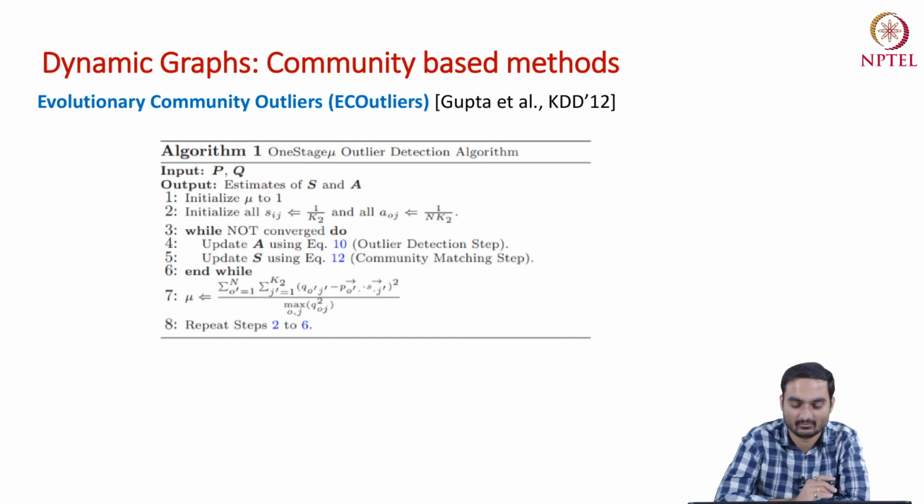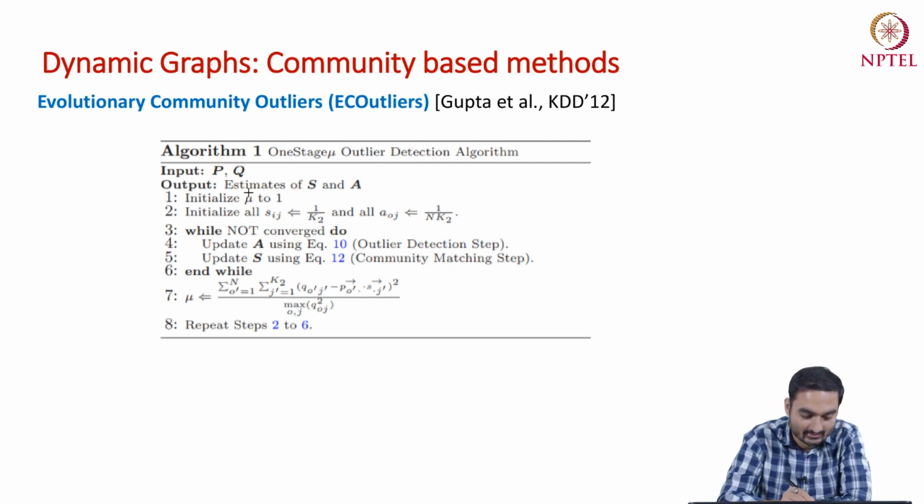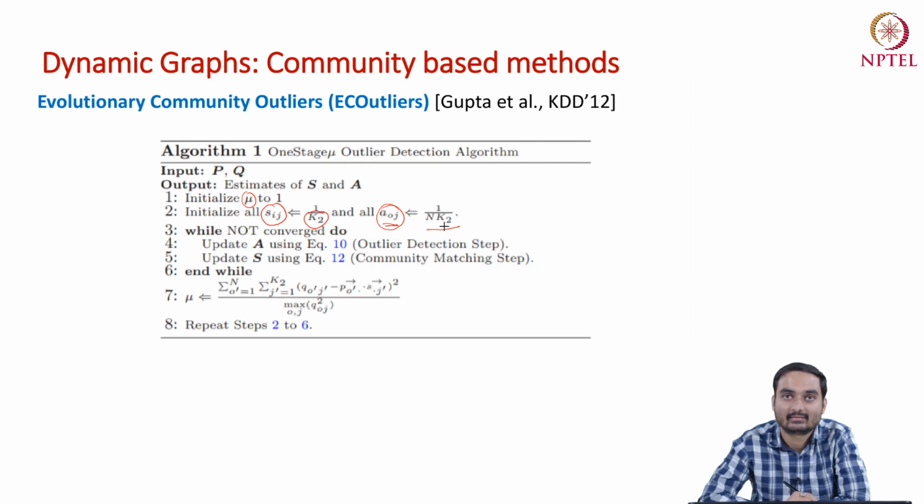So let us look at the entire algorithm now. We start off by assigning mu as 1, and assigning all the entries of S as 1 by K2, because K2 is the sum of all the entries of S. We initialize A as 1 by nK2, where nK2 is the sum of entries of A. This is the initialization.